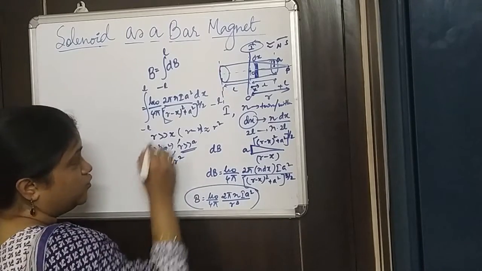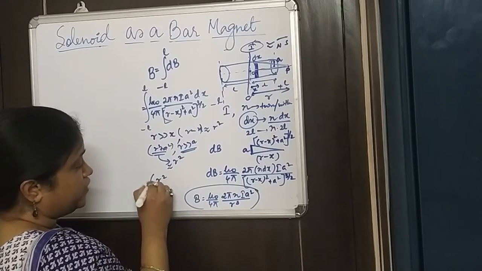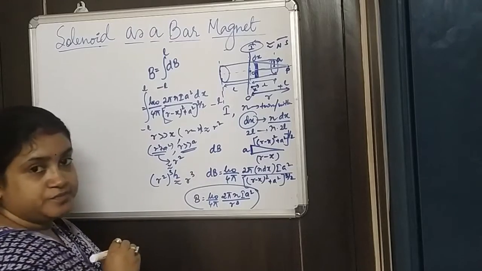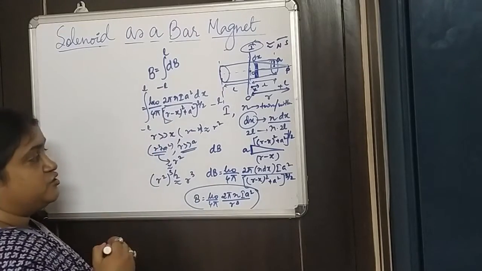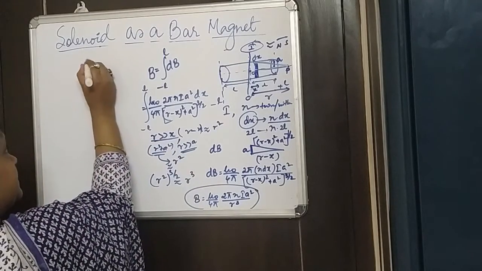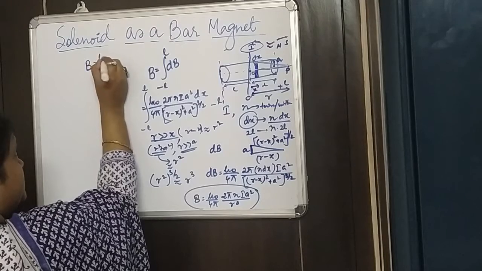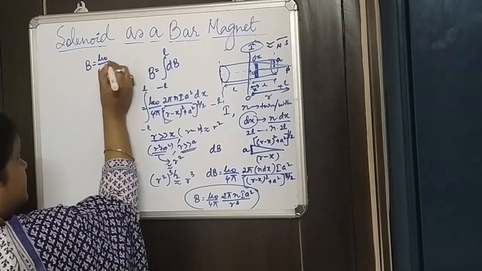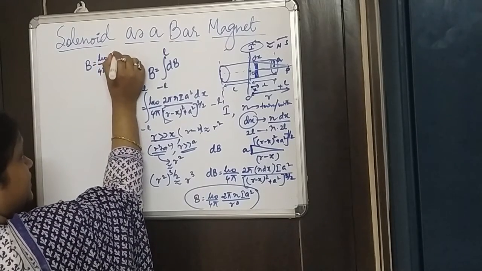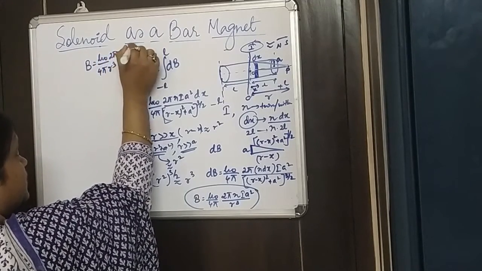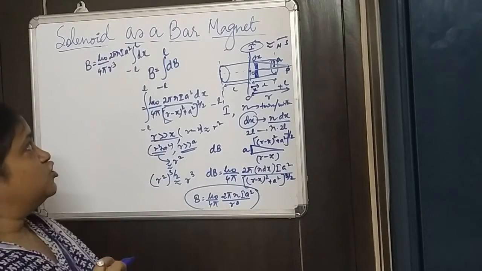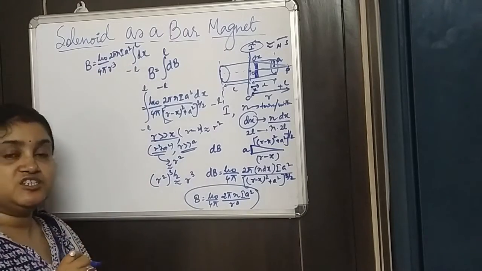And therefore, the whole expression, r square to the power 3 by 2, reduces to r cube, right? So we'll just substitute here after using these two approximations. Then this will become B equal to mu naught by 4 pi, by r cubed, 2 pi n I a square, integration of dx from minus L to plus L. So this is the integration that we see.